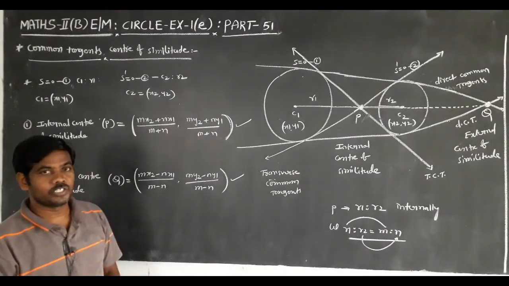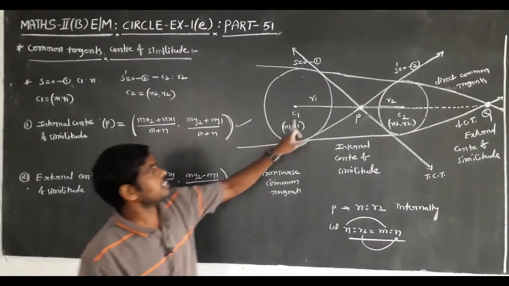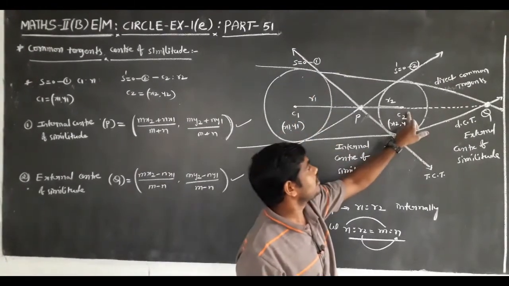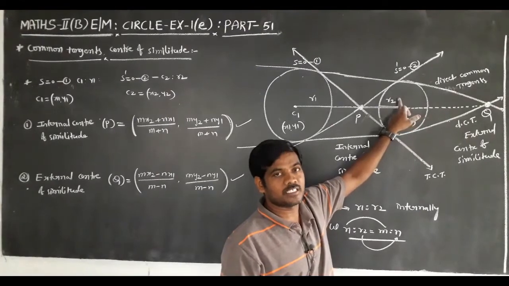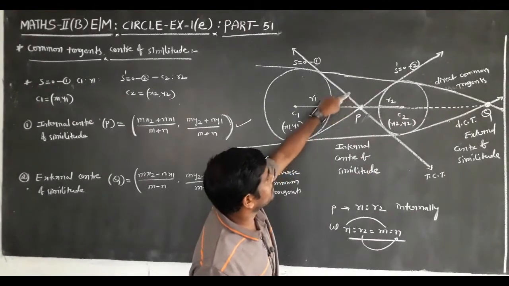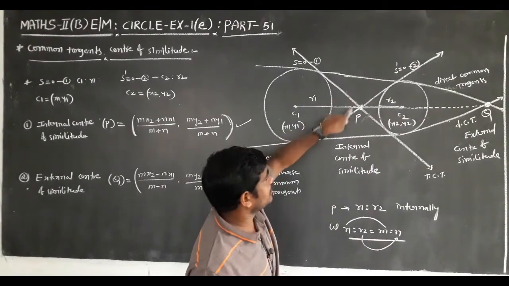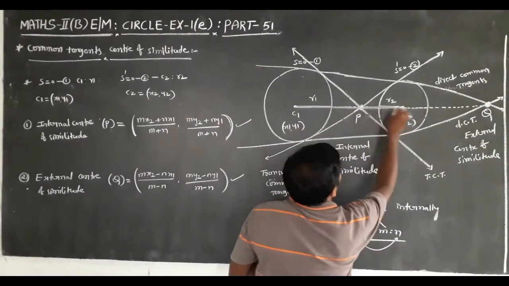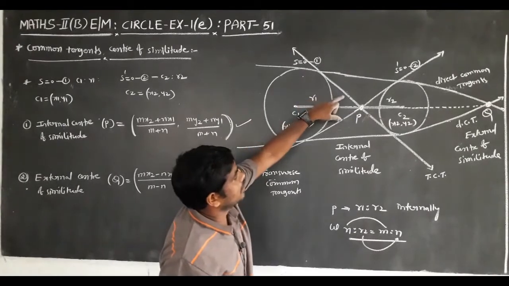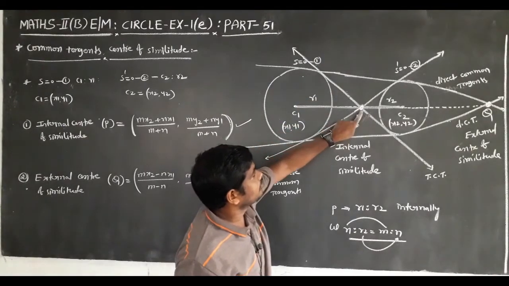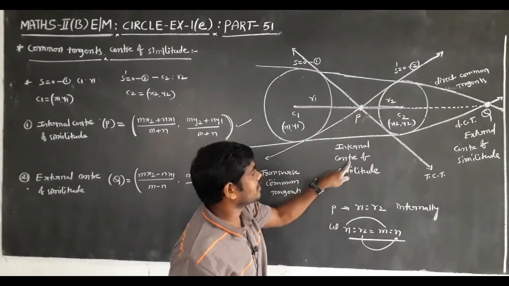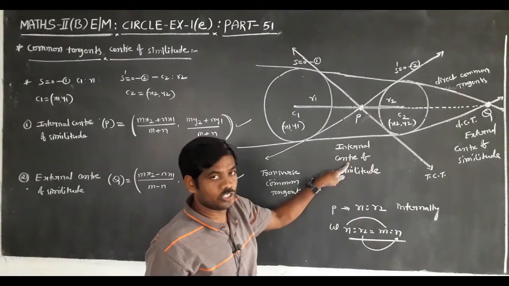Once again, C1 is the center, R1 is the radius of the first circle, and C2 is the center, R2 is the radius of the second circle. One pair of common tangents that intersect the line segment C1 C2 is called the transverse common tangents. The point of intersection of the transverse common tangents is called the internal center of similitude.